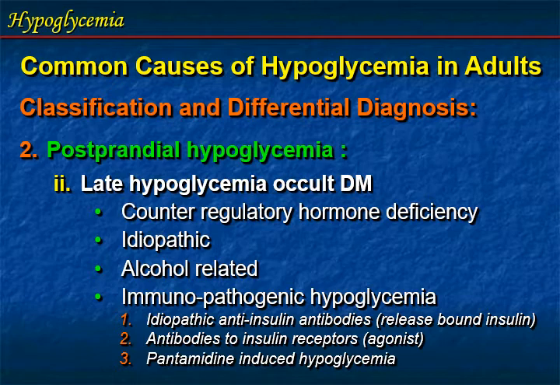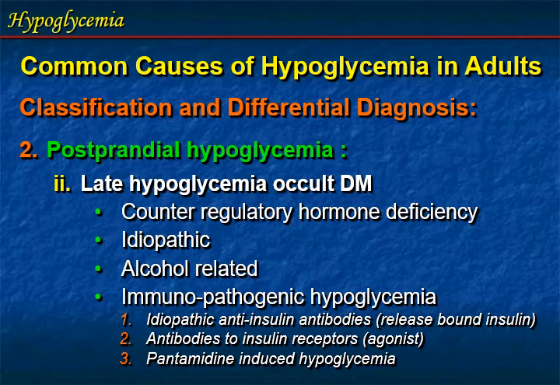The first one which we should think about in immunopathogenic hypoglycemia is idiopathic anti-insulin antibodies. This occurs when the pancreas secretes insulin, but not in the sequence of amino acids as the normal one. We know that insulin is a 51 amino acid peptide with disulfide bridges between the alpha and the beta chain, but sometimes the body secretes insulin with a different sequence of amino acids.